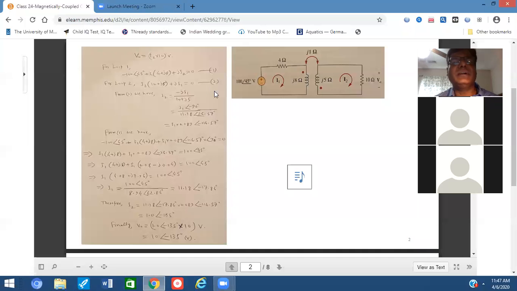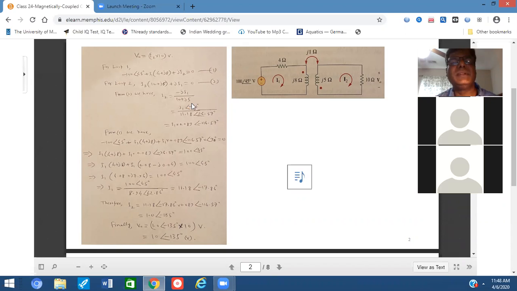And now from equation 2, I have written I2 equal to, I changed the position of j I1, that's why I have placed it on the right side, so minus j I1 over 10 plus j5. And then minus j I1, I have written I1 at an angle of minus 90 degrees, just phasor algebra.